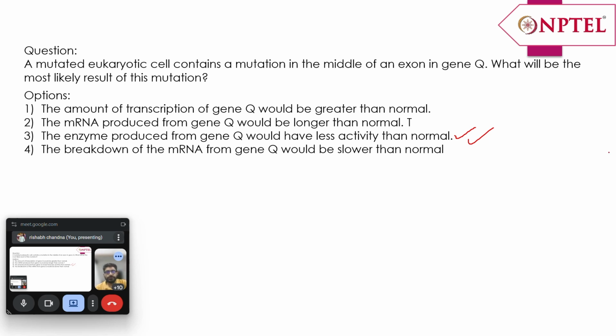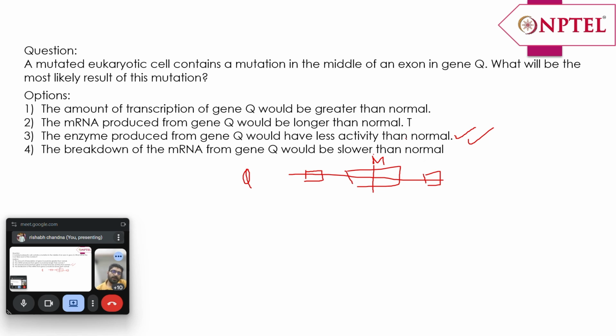So because the eukaryotic gene have certain intervening sequences that we call introns, these would be the exons of this particular gene Q that is in question. And one of the exons has a mutation. So this is the mutation that is told in the question.